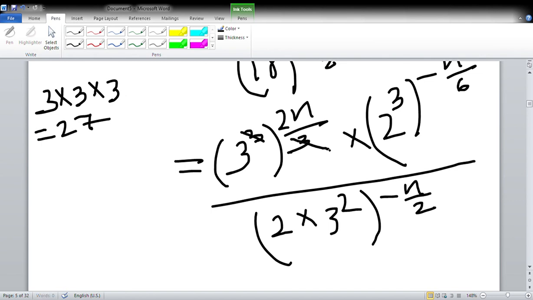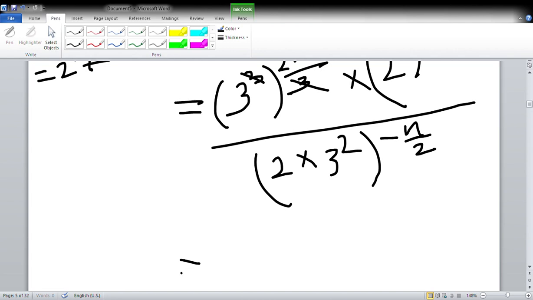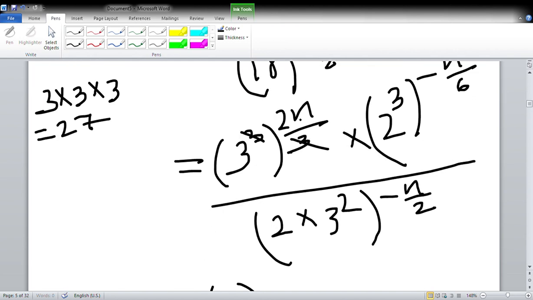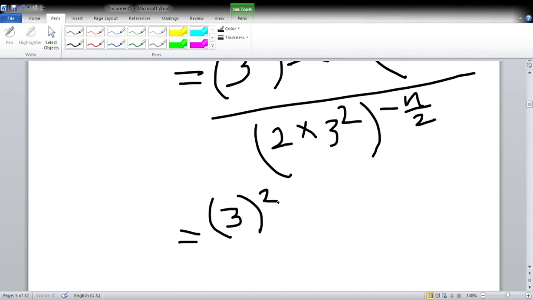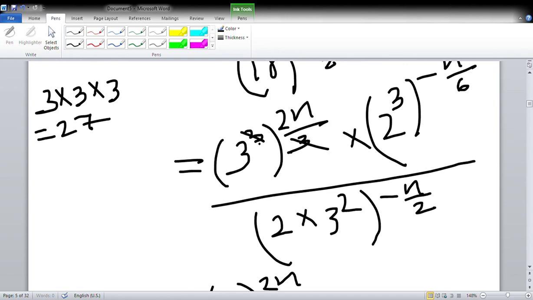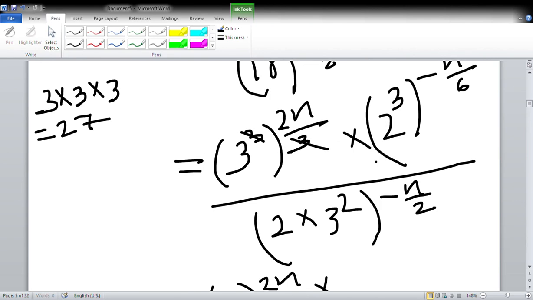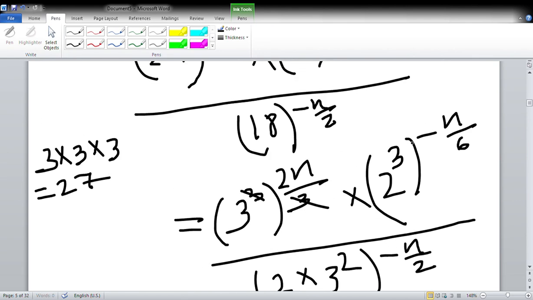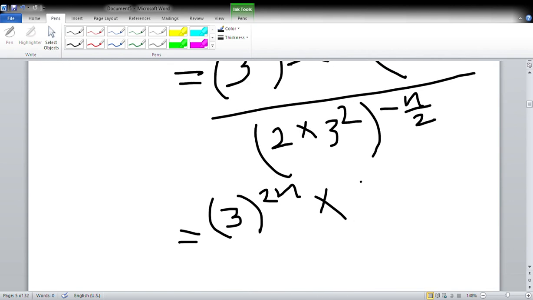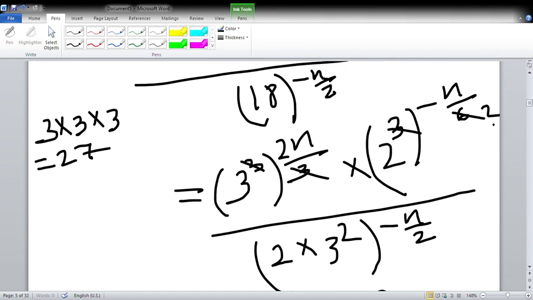So the 3 goes, that means 3 to the power 2n. Then 2 to the power 3 into minus n by 6 gives 2 to the power minus n by 2.